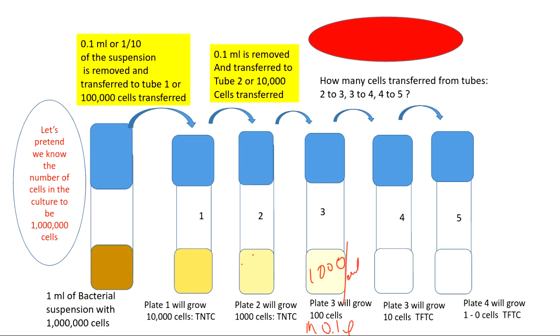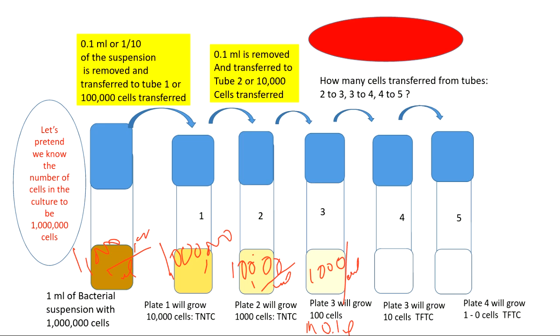Tube number 2 has 10 times more, so tube number 2 would have 10,000 cells per mil. Tube number 3 has 10 times more, so it would have 100,000 cells per mil. The original culture will have 10 times more, so that would be 1,000,000 cells per mil.